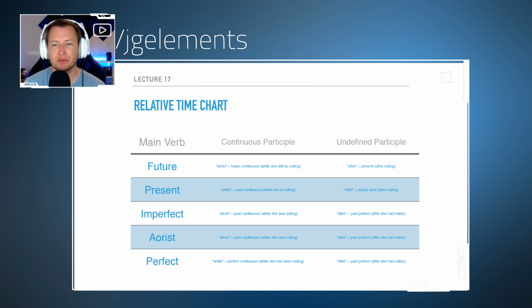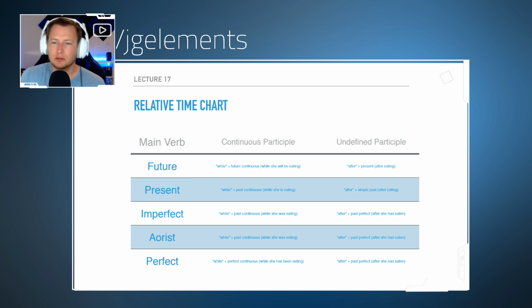Undefined participles will use after instead. And note that the future uses the present. So after eating for the future. That is correct. Little weird. But that's how it works. I'm double checking. I didn't make a mistake. No, I didn't.